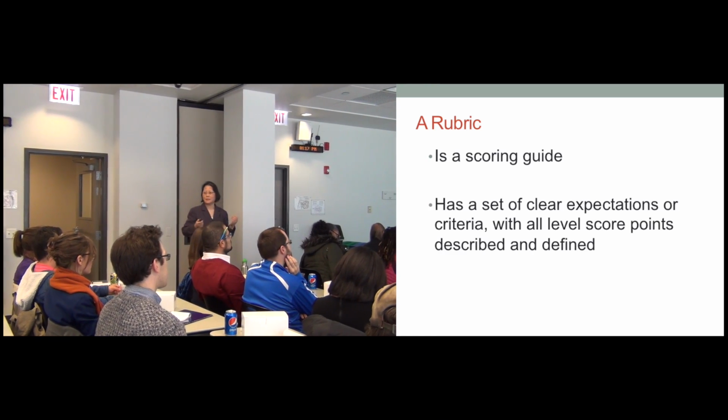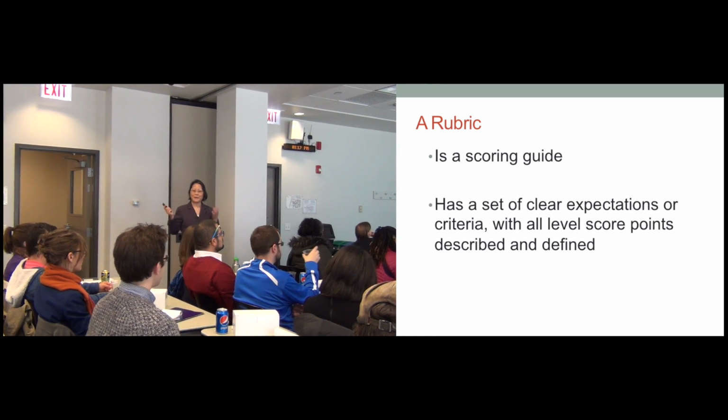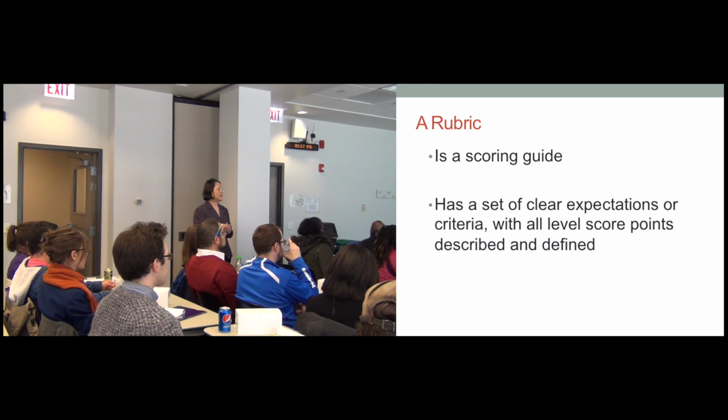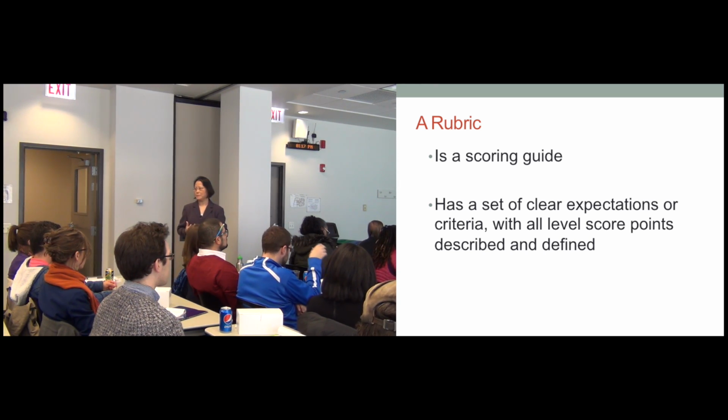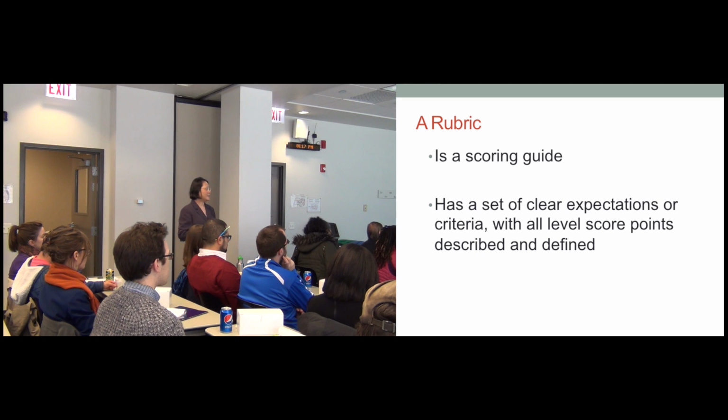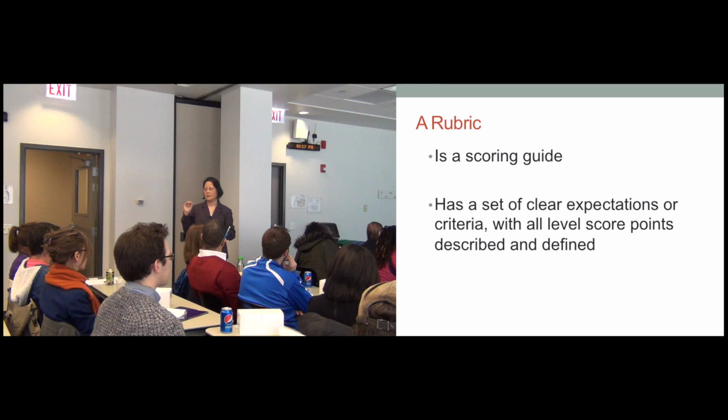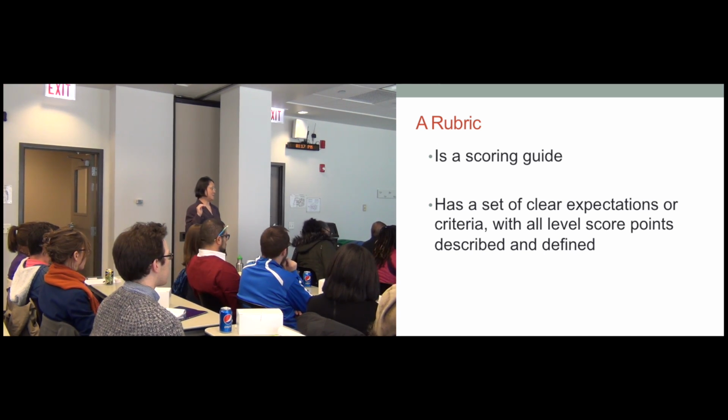So now we know what a rubric is. It is a scoring guide, right? It helps us to score students' performance and products. And in order to score them, we need to set our expectations and criteria. So the rubric should have a set of clear expectations and criteria.